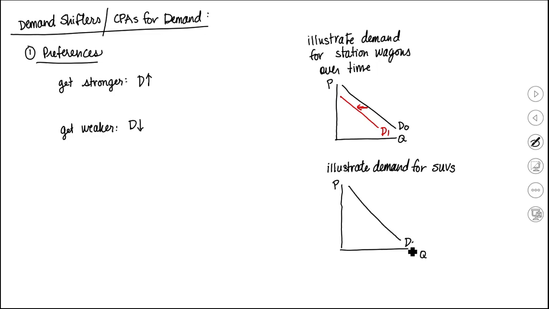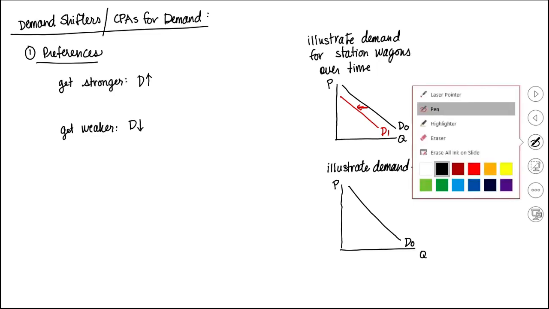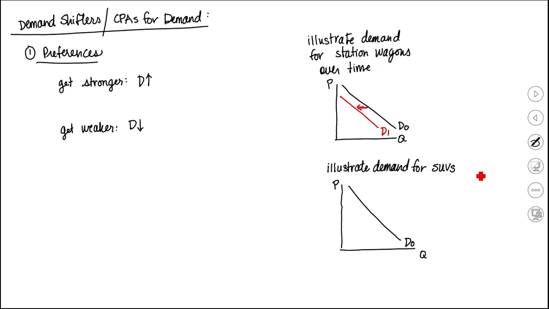So again, starting with demand curve D0, what we're saying is that across prices, people are willing to buy more than before because they like them more than before. If I like something more than before, if I feel strongly about something, I'm willing to pay more, right? Or I might buy more at the same price. So demand has increased.